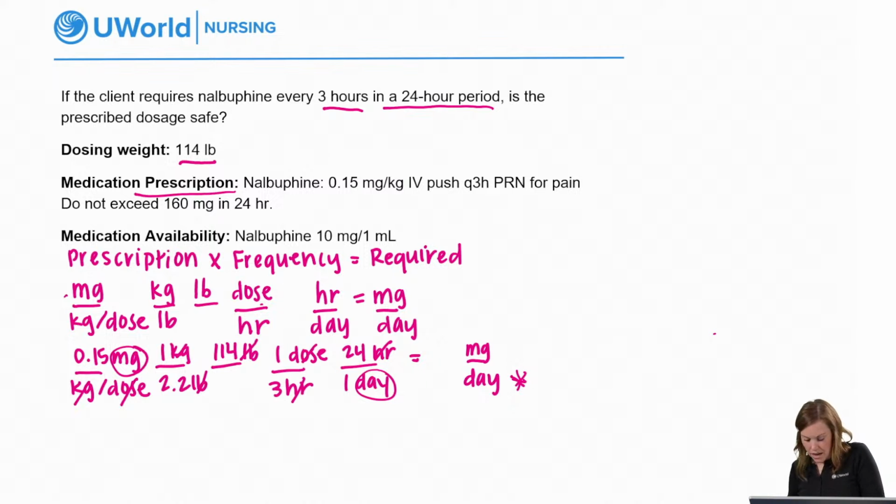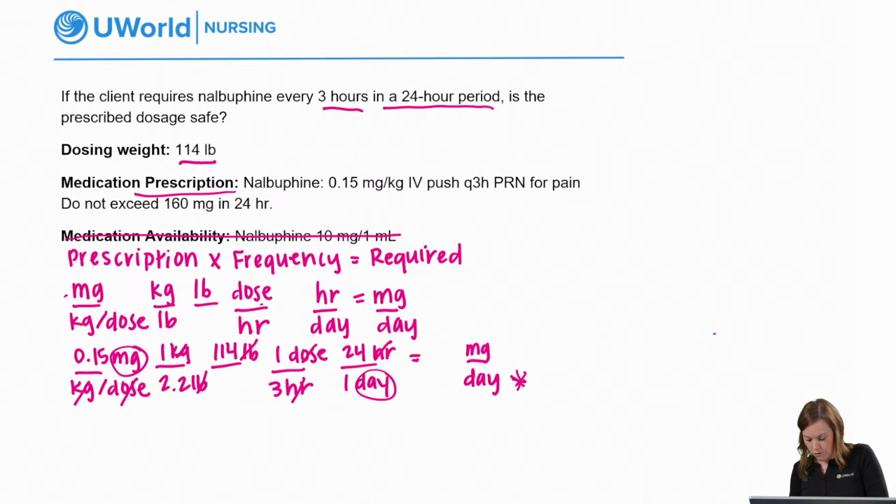All right. Okay. So, again, this one is asking about, is it safe to give in a 24-hour period? So we're not worried so much about the preparation of it. It's more so the dosing per weight that we're worried about. So that's why the medication availability is not incorporated into the equation. Okay, so let's do our numbers.